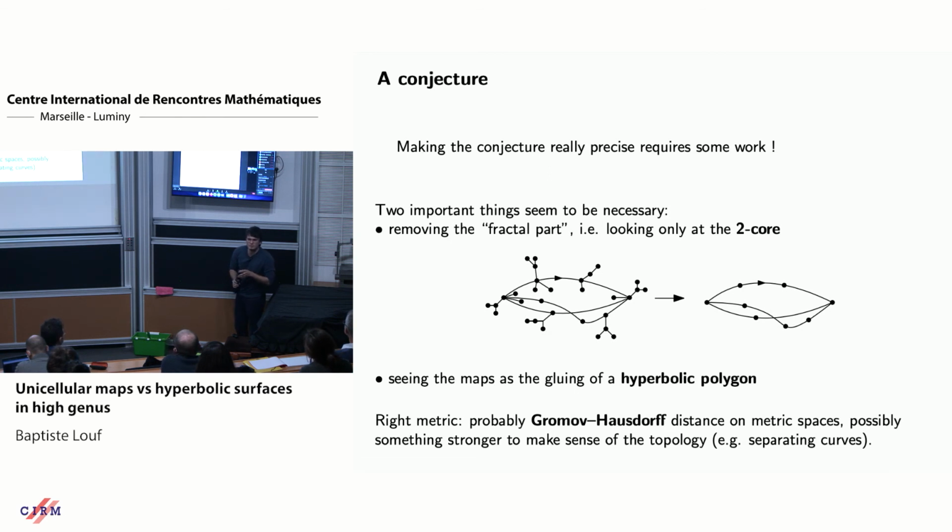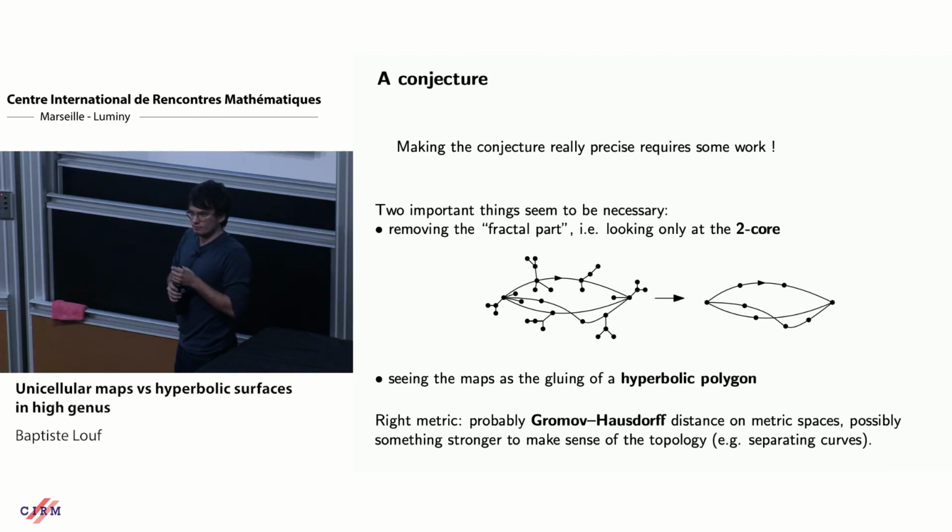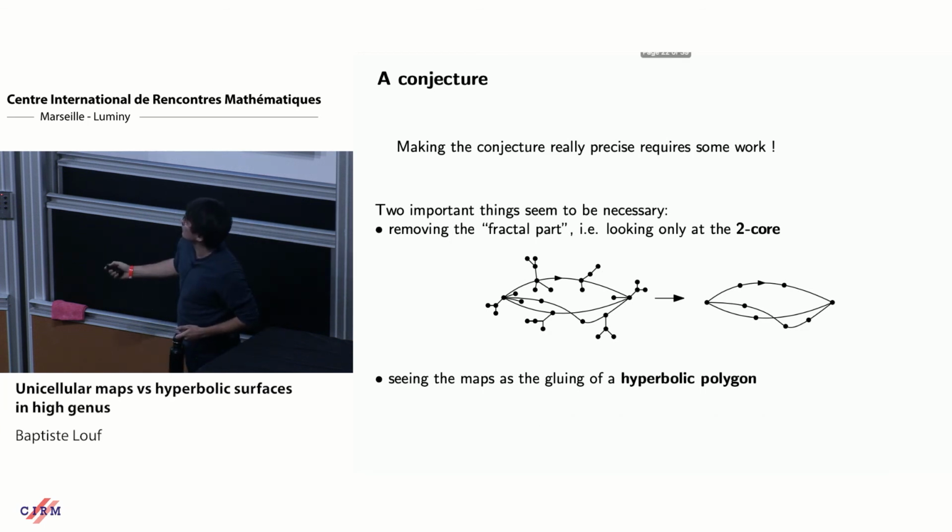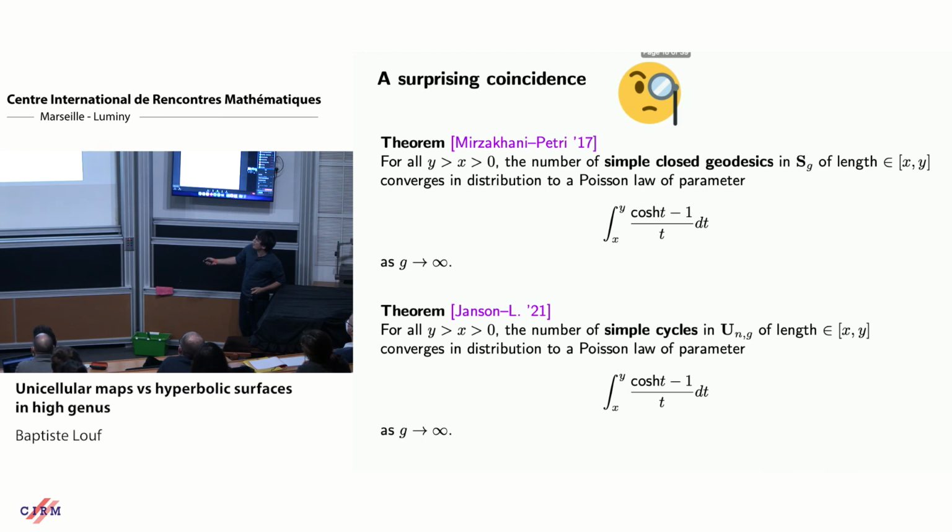Sorry. When you say the metric space is... no, with the hyperbolic polygon. Otherwise, it wouldn't work, because the geometric space would look like a continuous graph, since there are no microscopic cycles. I'm going to show you the theorem again.